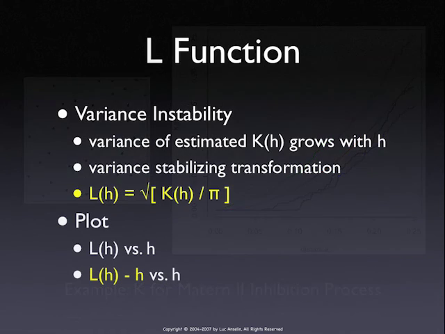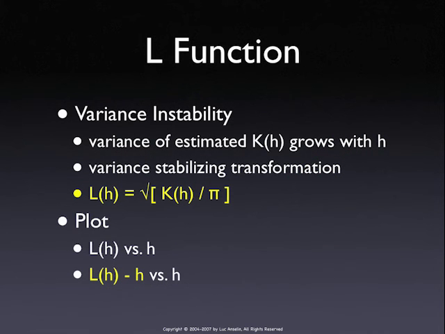As I mentioned, this variance instability is a problem, so we might want to correct for that. The standard way to do this is a square root. In this case, it's pi h squared, so we get this pi in there as well. So we take the square root of this ratio, and that is referred to as the L function. And depending on the software, the L function is plotted against distance, or the difference, just like we did before.